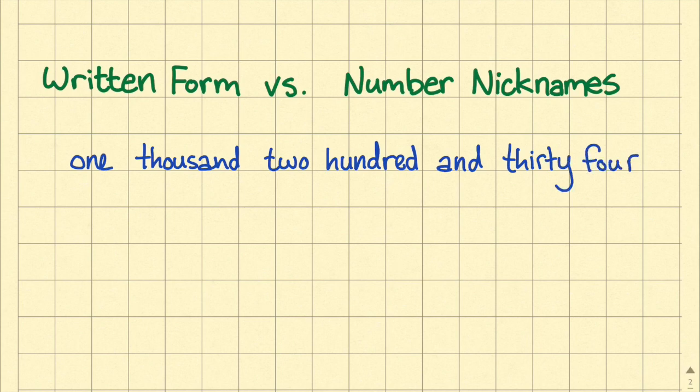Whereas a number nickname is something that we use to allow students to find the pattern within numbers a little bit easier. In the English language, the numbers are a little bit confusing because when we get to the number 10, it should just repeat over because we are in a base 10 system. But we have these weird, strange words like 11, 12, 13, which don't really appear anywhere else.